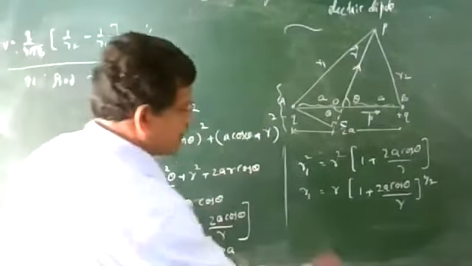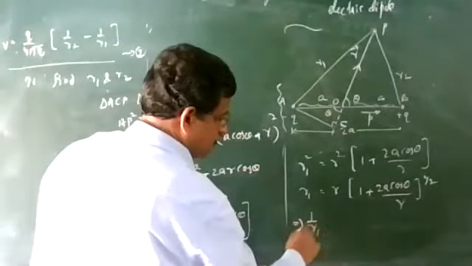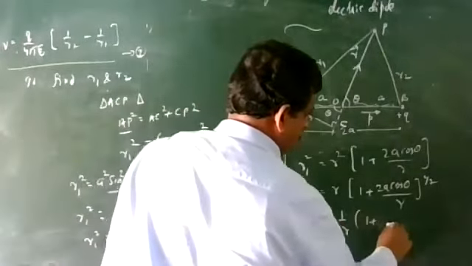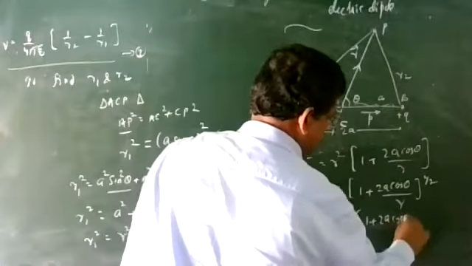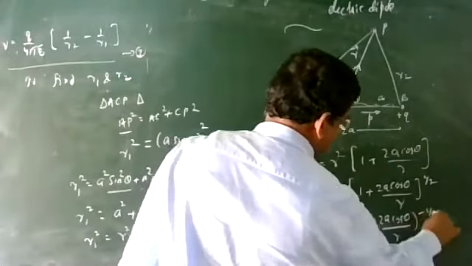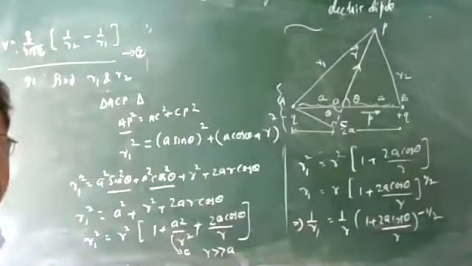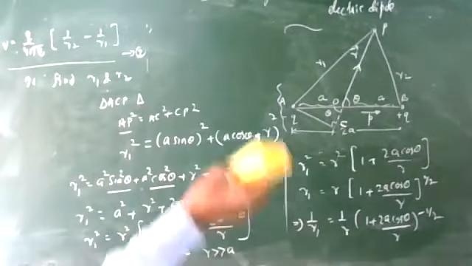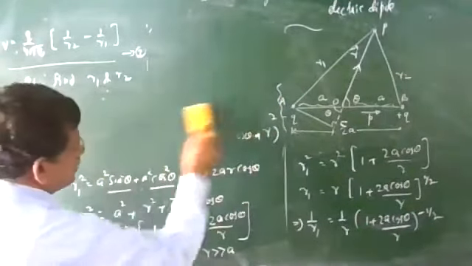So 1 by R1 is equal to 1 by R times 1 plus 2a cos theta divided by R, to the power minus half. Okay, coming back to the left side again, one more step further.